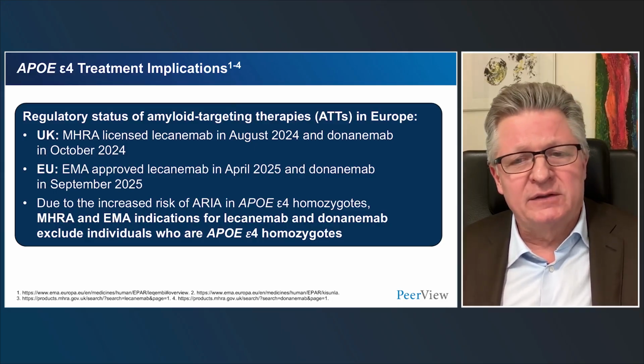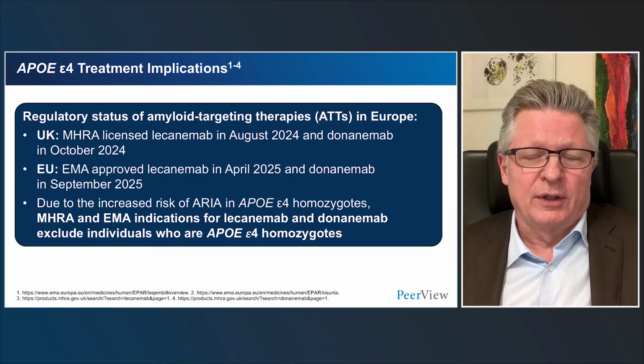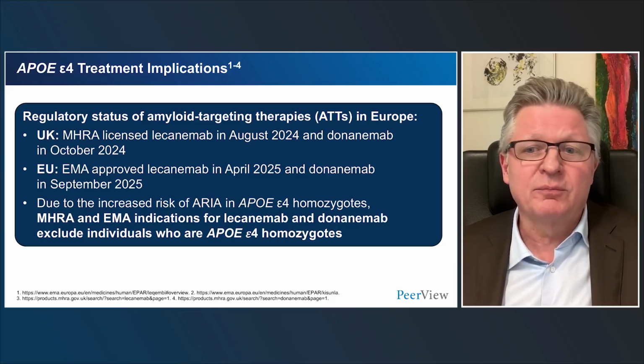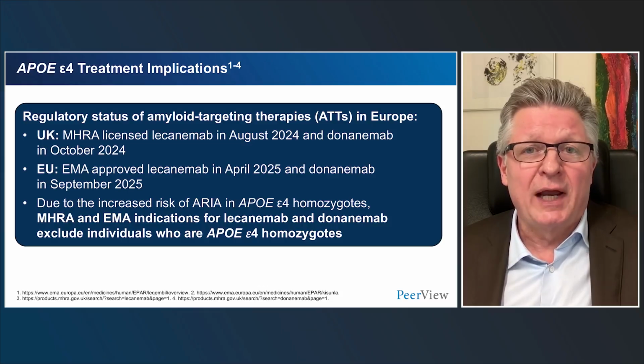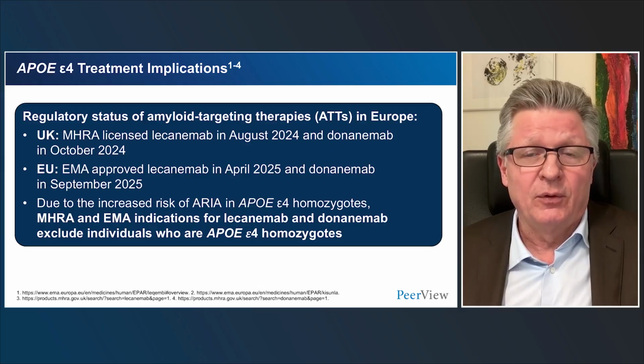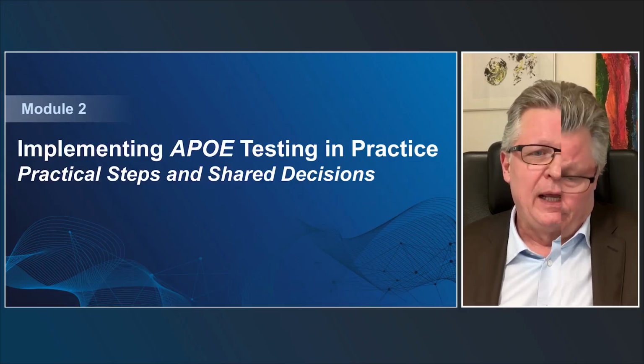This is not the case in other regions of the world, like in the United States or in Japan or China, but these are the regulations for Europe. So this means that we have to do APOE genetic testing and counseling in the context of this treatment.